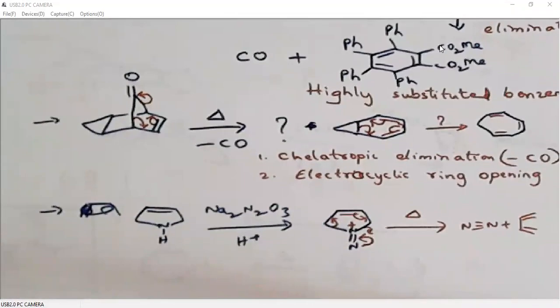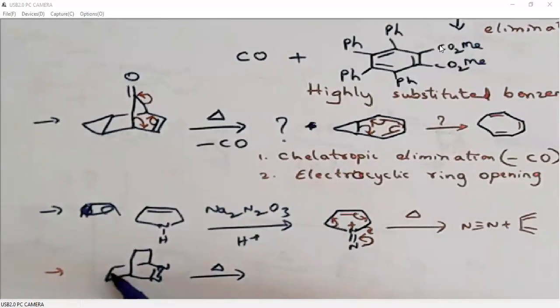A similar example is this one. Because we already have a nitrogen-nitrogen double bond, it is easy for us to generate a nitrogen-nitrogen triple bond. So when we heat this, this reaction happens at minus 78 degrees centigrade itself.